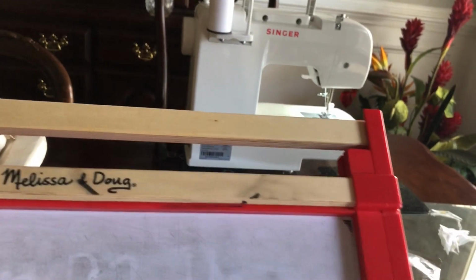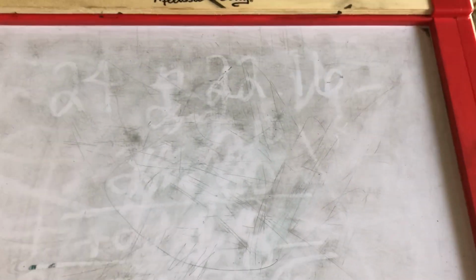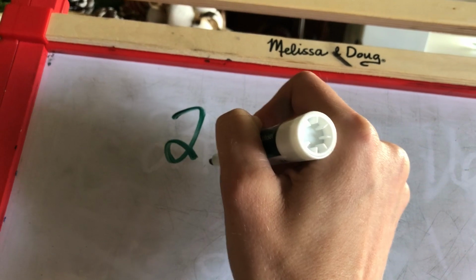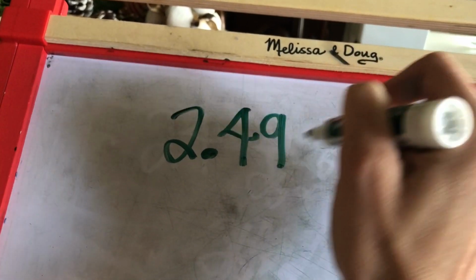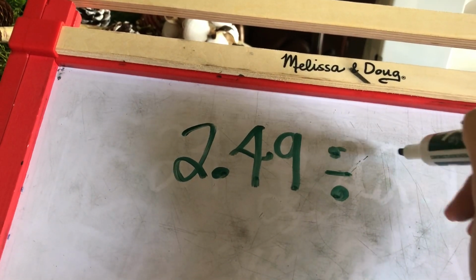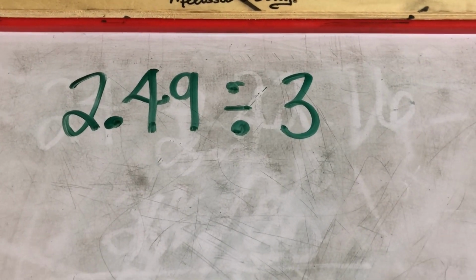Okay, and then our last operation is division. I'm gonna go over how to divide with a whole number and then how to divide with a decimal. So let's just say I've got 2.49 divided by 3.